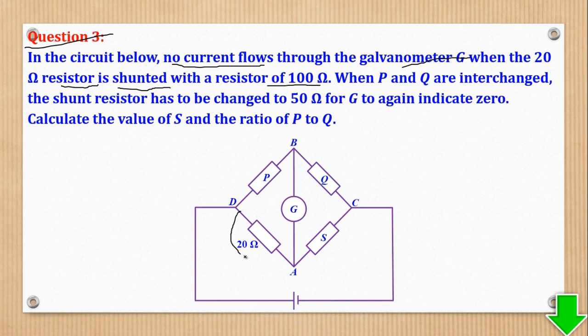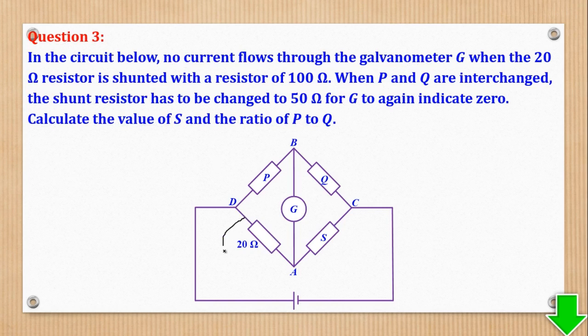So this one must be shunted with a 100 ohm resistor for no current to flow through the galvanometer. Okay, when P and Q are interchanged, the shunt resistor has to be changed to 50 ohm for G again to indicate 0. Calculate the value of S and the ratio of P to Q.